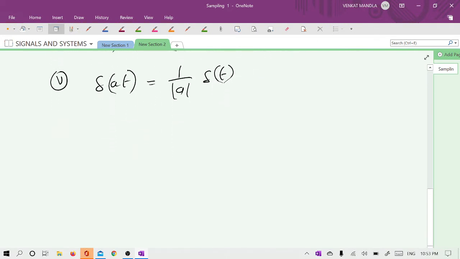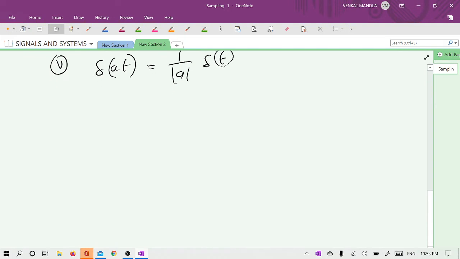First of all, what is meant by delta function? This del of t. If I represent some a times del of t, this a is not the amplitude of del of t. Okay, it is the area of del of t. Why?